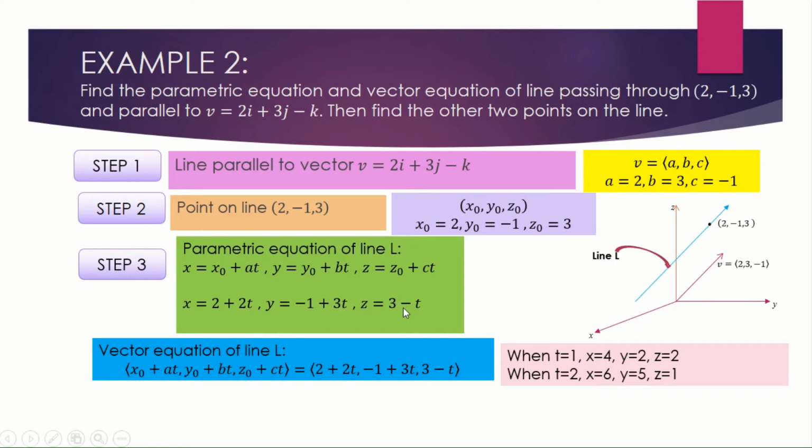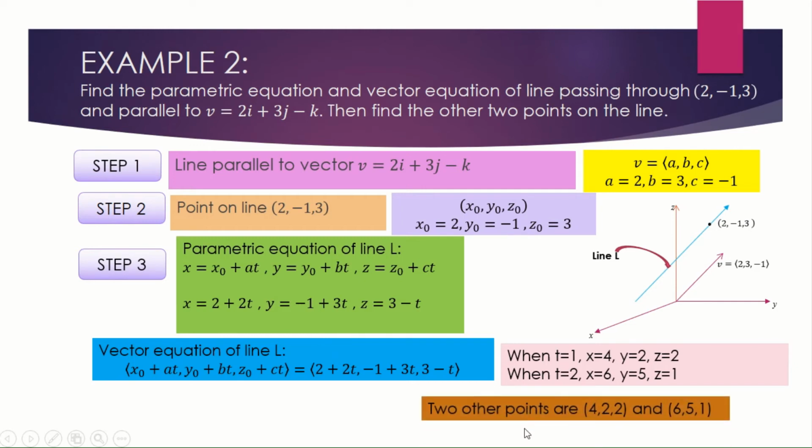When t is equal to 2, we get x equal to 6, y equal to 5, and z equal to 1. So the other two points on line L would be (4, 2, 2) and (6, 5, 1). We can substitute any value of t to get other points on the line.